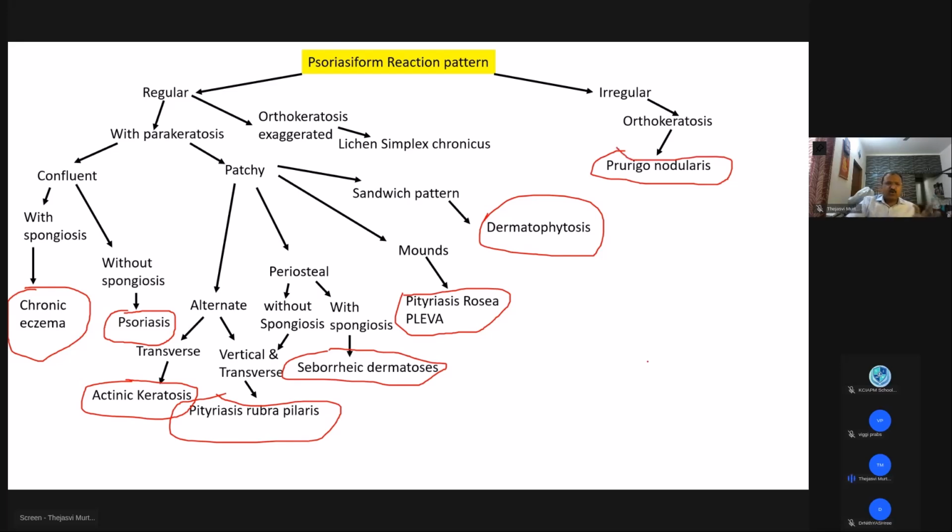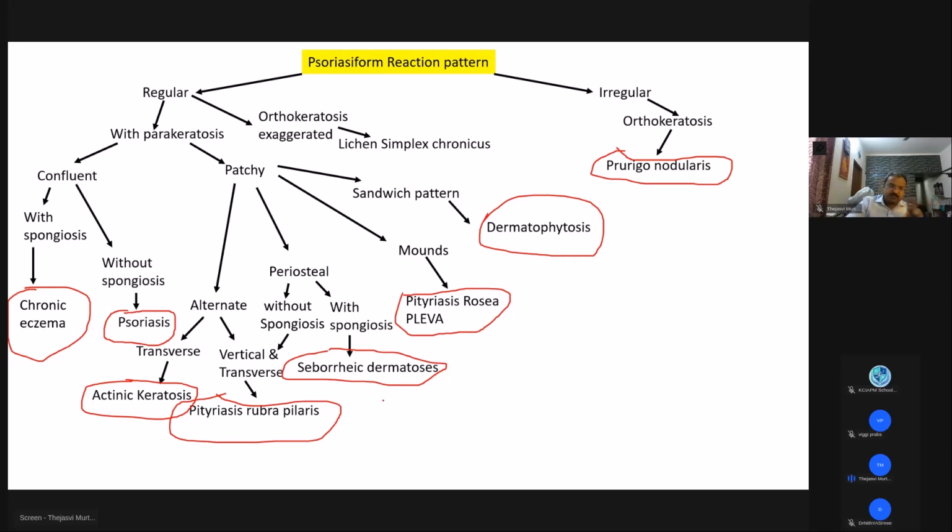So these are the entities commonly encountered in a psoriasiform reaction pattern, and usually you can easily diagnose by applying these algorithms. Remember periosteal parakeratosis, with or without spongiosis. Once you see periosteal parakeratosis, look for spongiosis in the epidermis. With spongiosis, most likely seborrheic dermatitis with inflammation in the dermis.